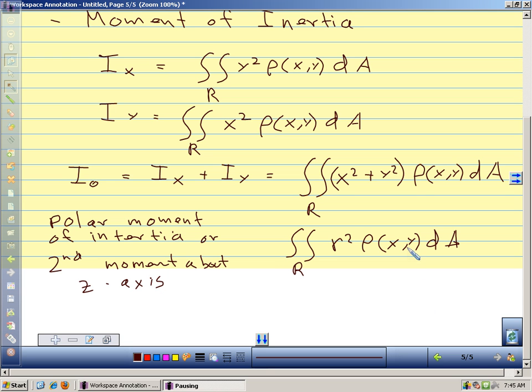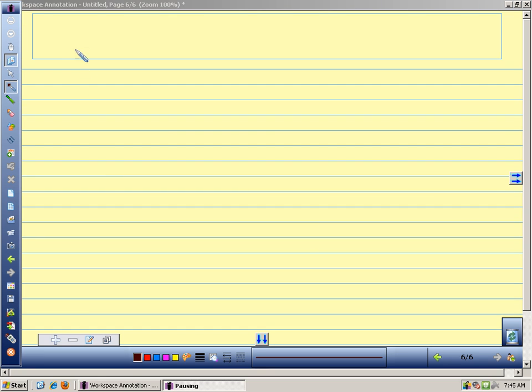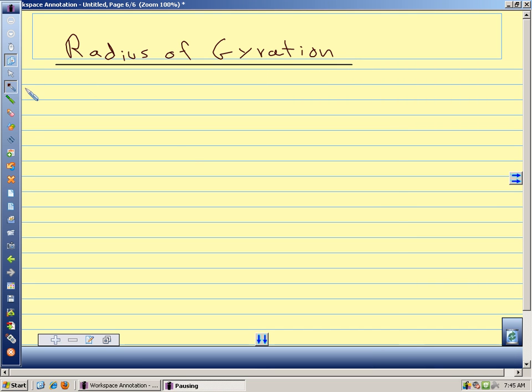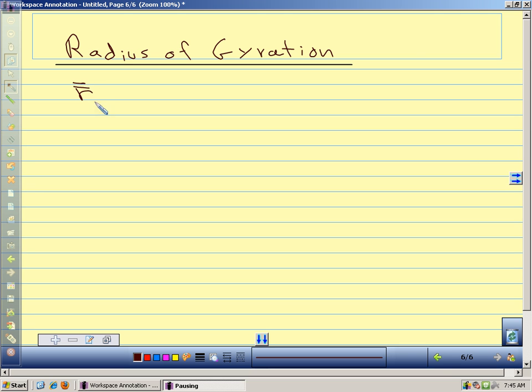All right, one other term that you need to know that has to do with moments of inertia: the radius of gyration. We call the radius of gyration r double bar, and we define that as the square root of I over m.